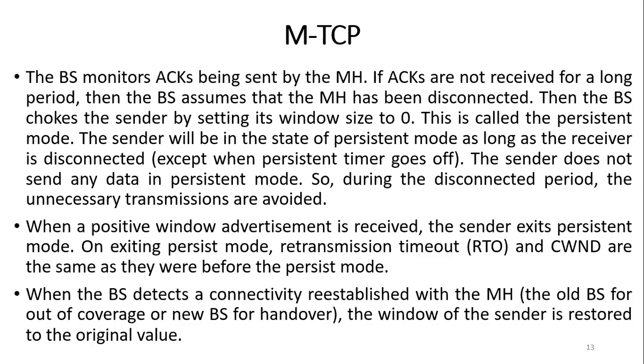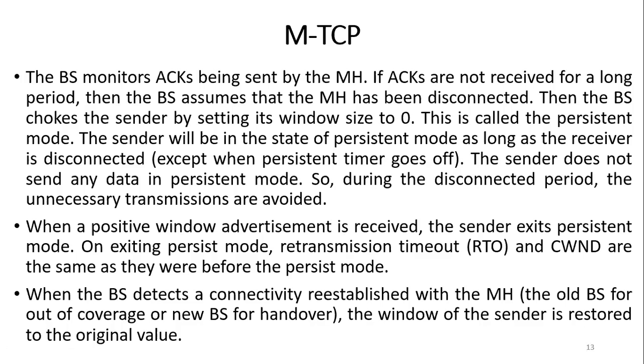So it just turns off the transmission from the sending end. You see, here it is not buffering or anything. Just all the way to the sender, the BS sends a request to stop sending. And when the sender gets this message, it remembers the CWND, whatever congestion window it had.